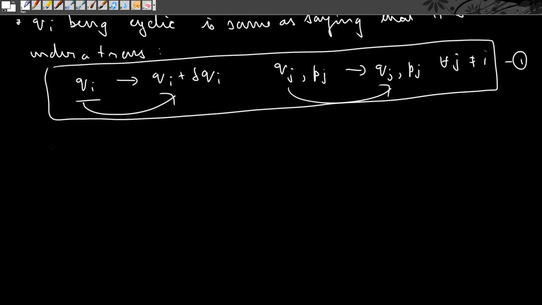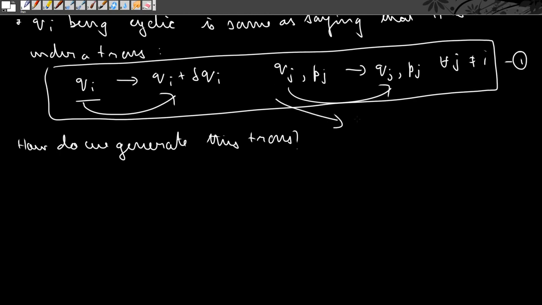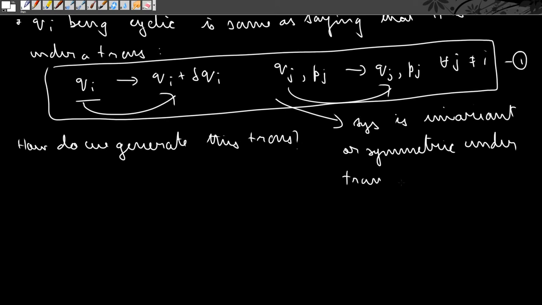So the question is, how do we generate this transformation? Before that, we see that since qi is cyclic, the system is invariant or symmetric under translation in qi.